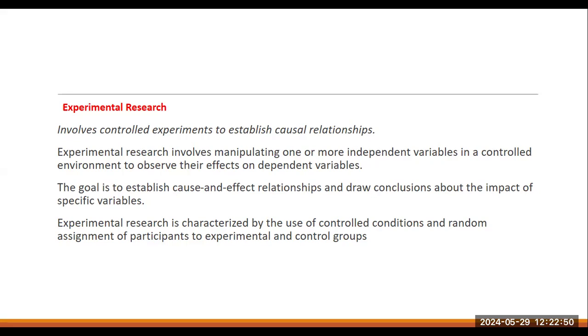Right. So the control environment, they try to control in different ways. One is to control the other variables, because they want to identify the relationship between the particular independent variable and its effects on the dependent variable.